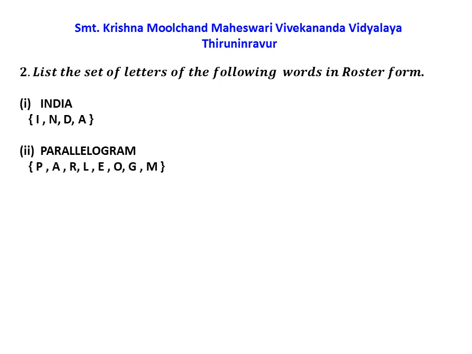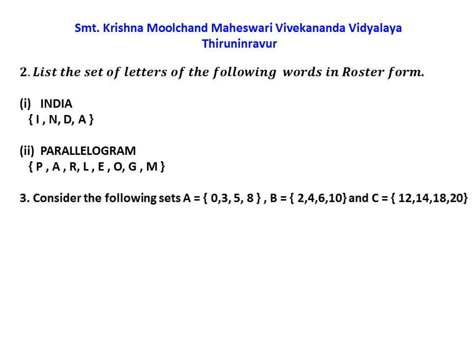So {P, A, R, L, E, O, G, M}. If one letter is coming 2-3 times, no need to mention the 2 times or 3 times. Mention only 1 time. Yes, A is the element of the word parallelogram. L is the element of the word parallelogram.